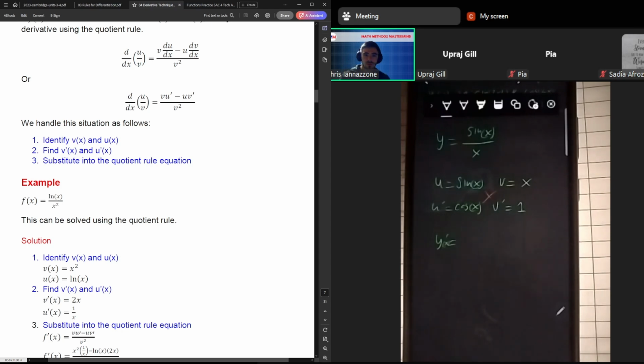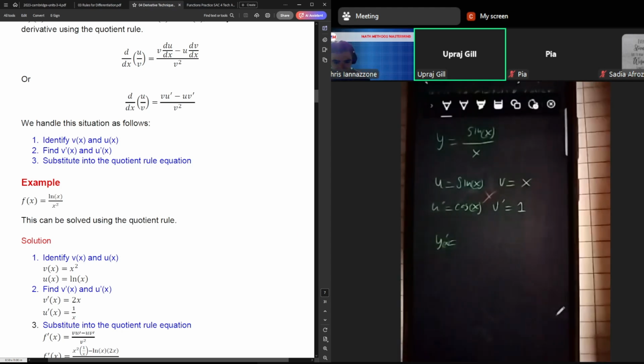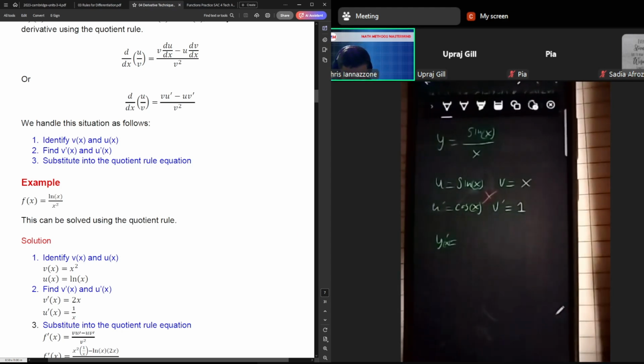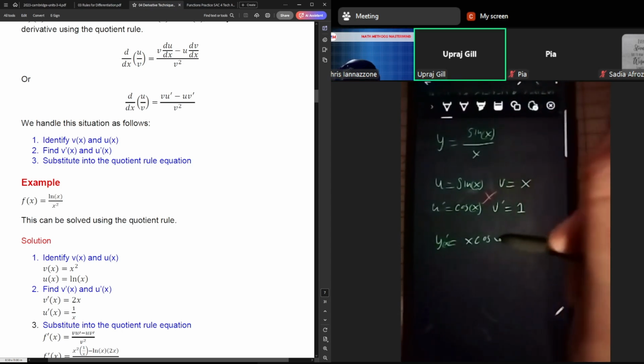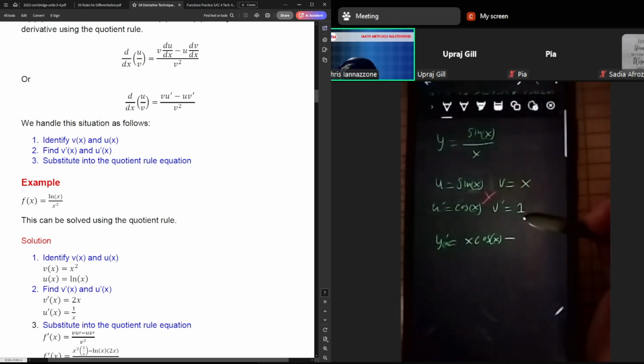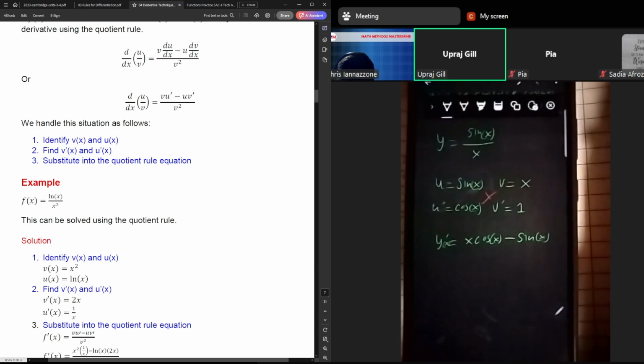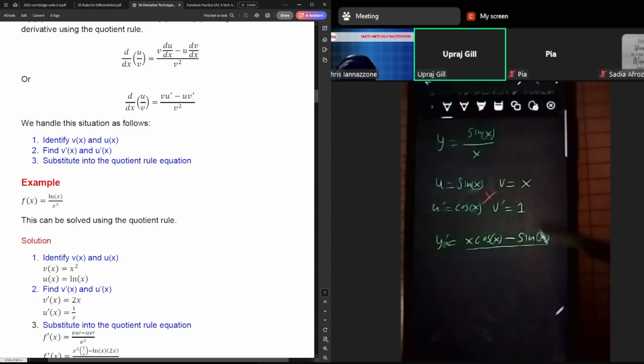Is it first x times cos x? Yeah, VU dash, so x cos x is going to be the start, minus sine x. Yep, minus 1 times sine x, which just becomes sine x. That's good, all over x squared. Yeah, all over x squared.